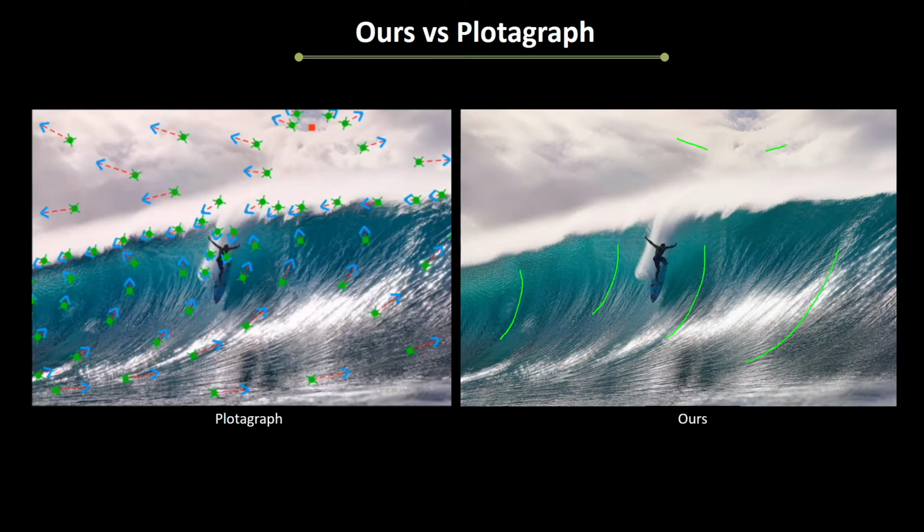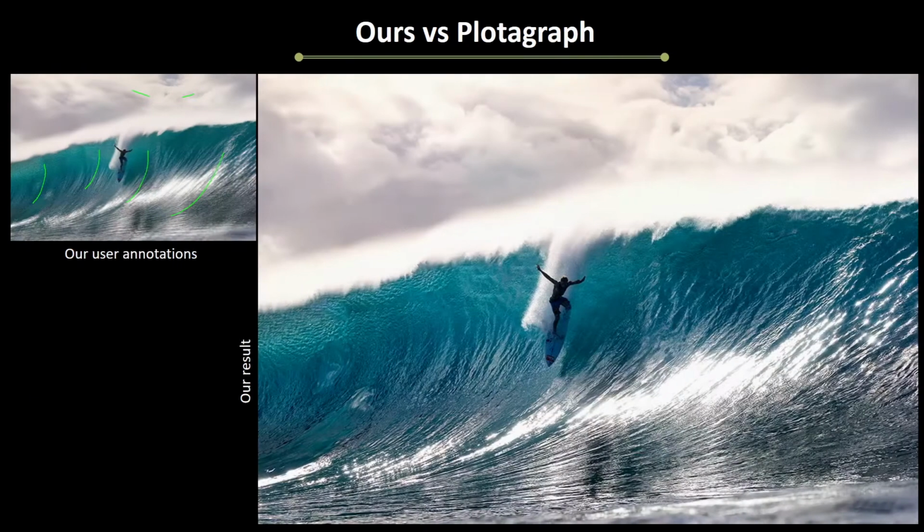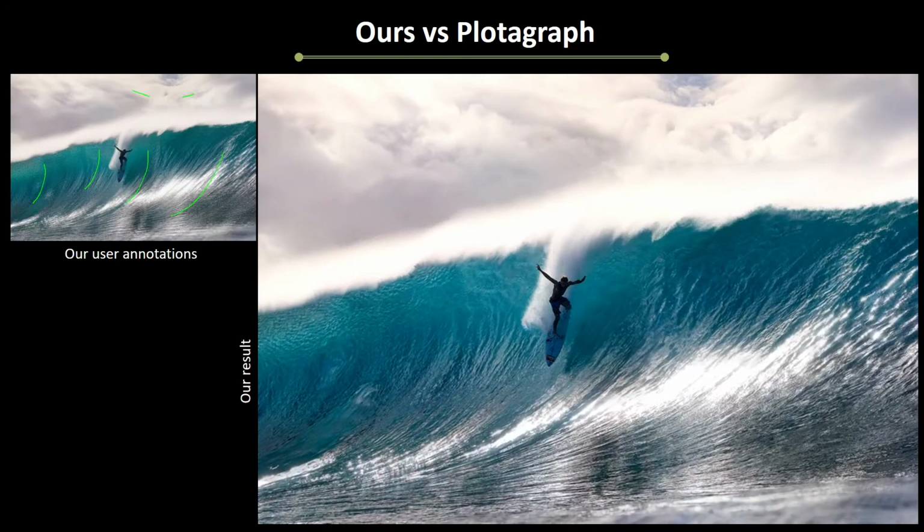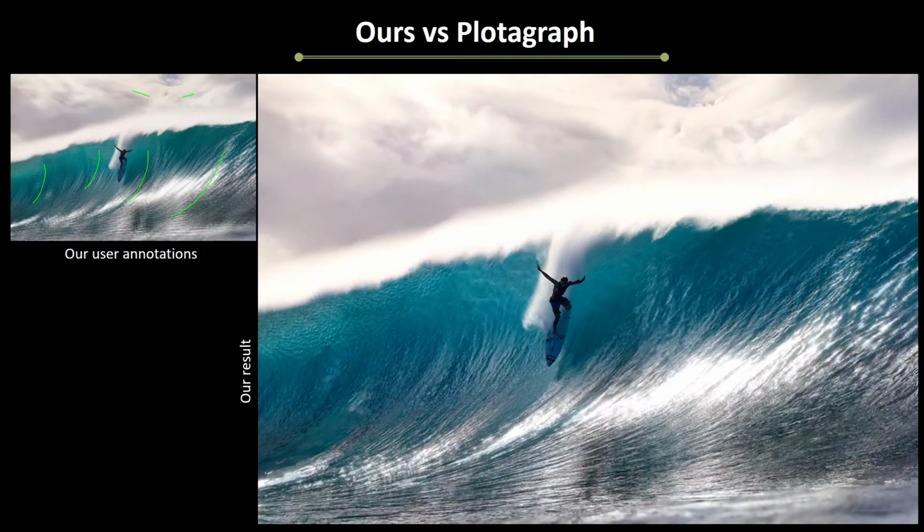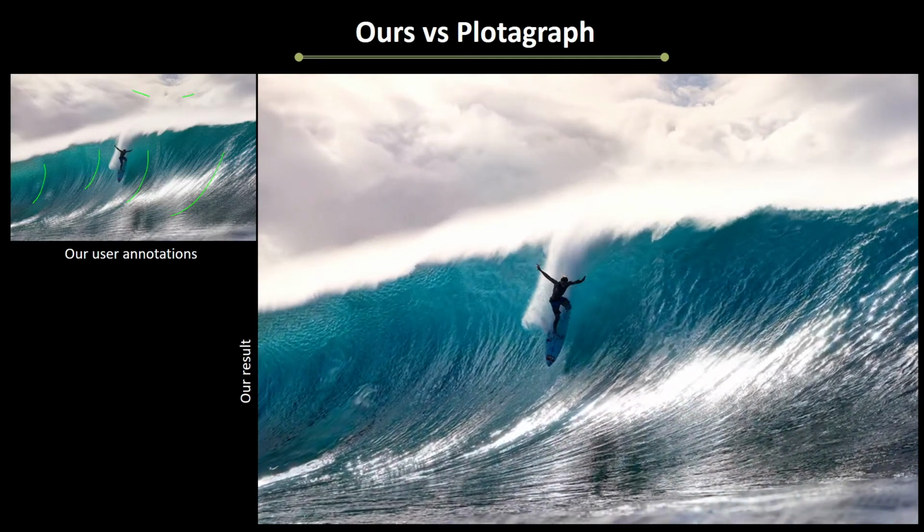Here is the visual comparison with the existing commercial applications. While Plotograph needs a large number of user annotations to control the results to be realistic, our system just needs some adequate strokes from the user and obtains appealing results.